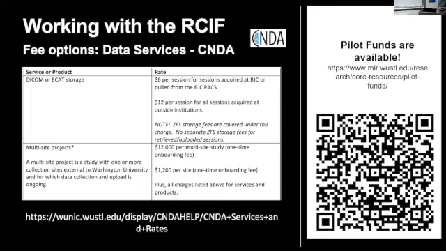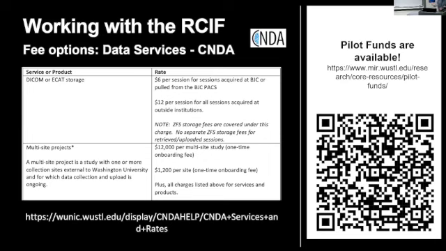This shows the fees for CNDA. Because of the department funding for housing everything that comes off of research scanners, fees are around the setup and management of multi-site projects and getting data that's external to the CNDA.